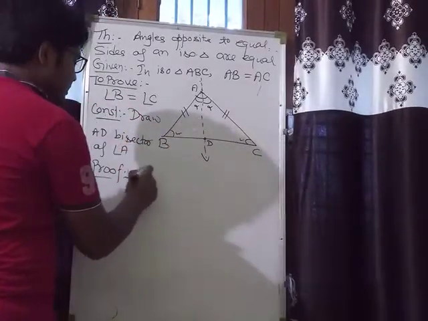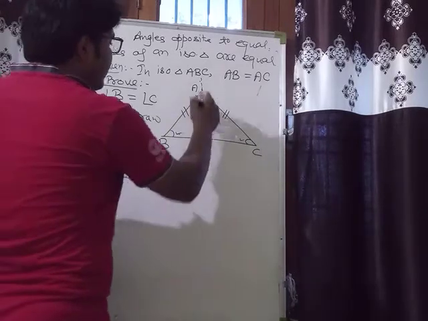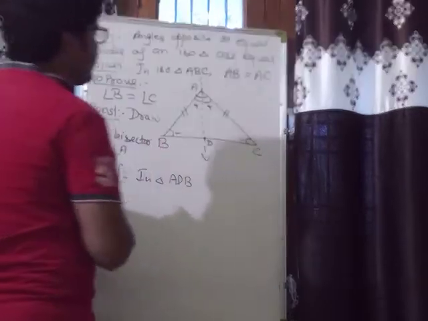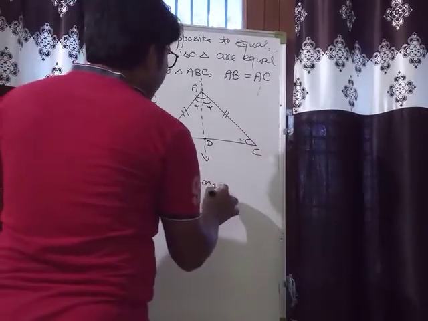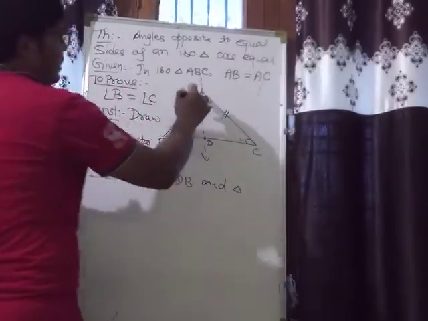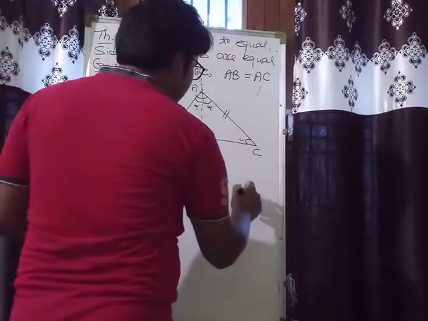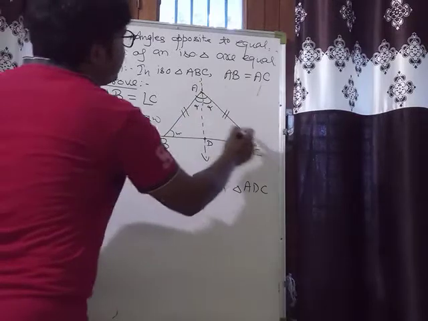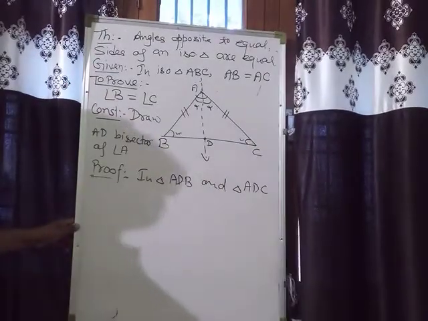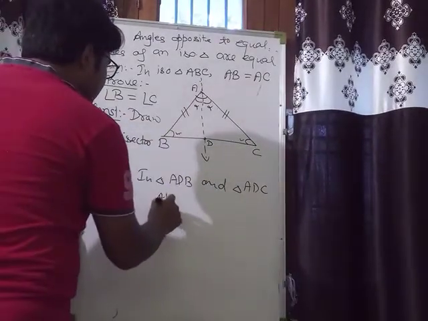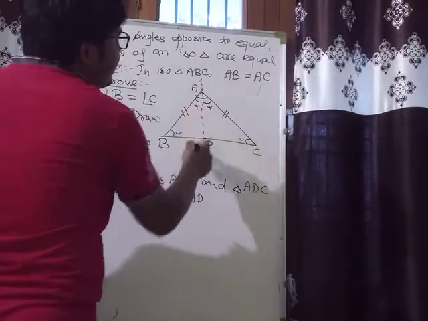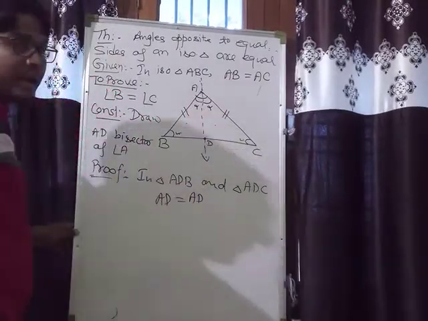See, in triangle ADB and triangle ADC, in these two triangles, you can see AD is equal to AD because this AD side is common in both triangles.